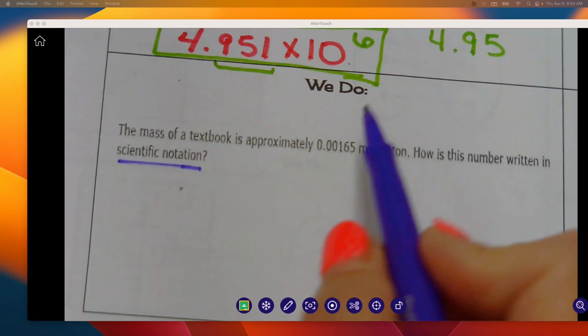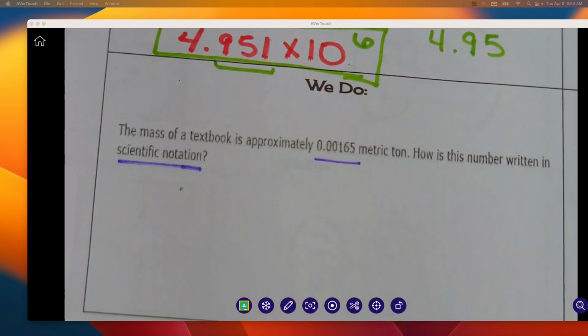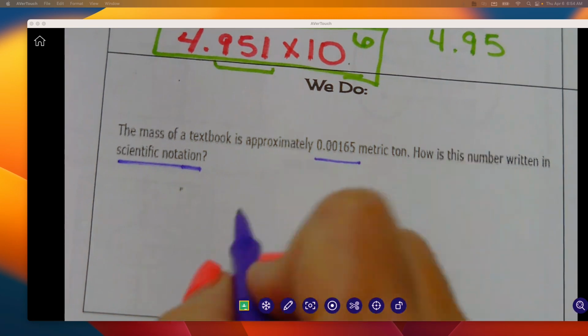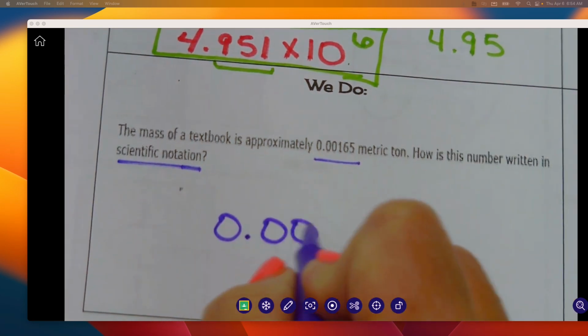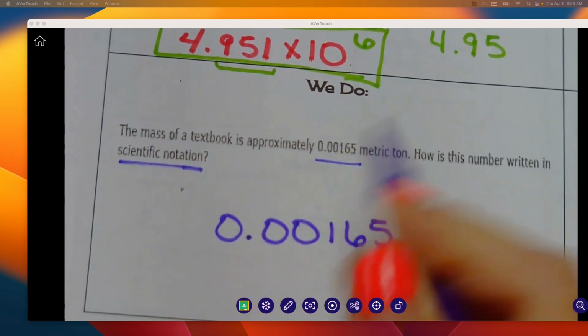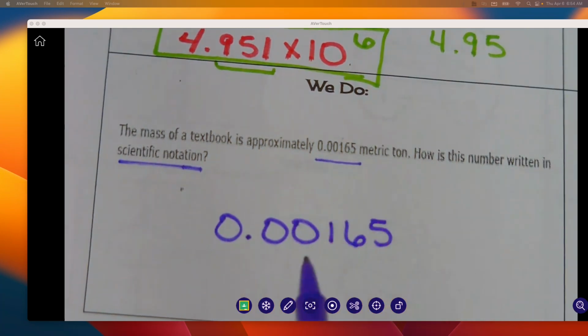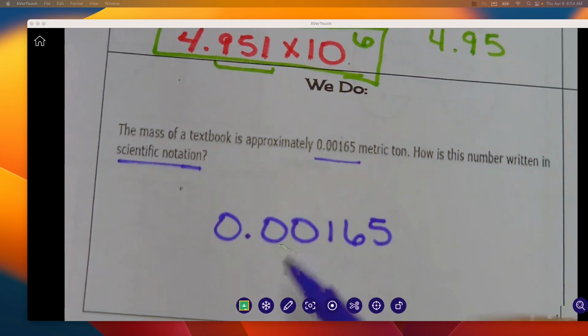First thing we're going to do is rewrite this number. And guys, remember, when you rewrite it, make sure you're rewriting it correctly. So we have 0.00165. I'm just going to double check, especially when there are zeros, that you write it correctly.